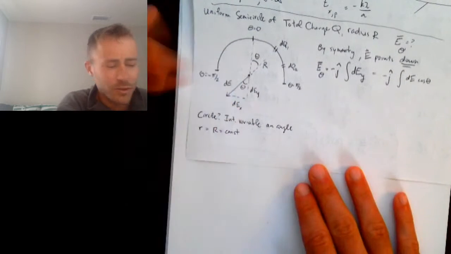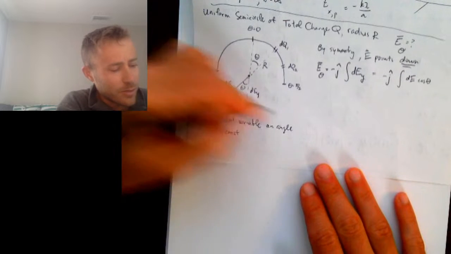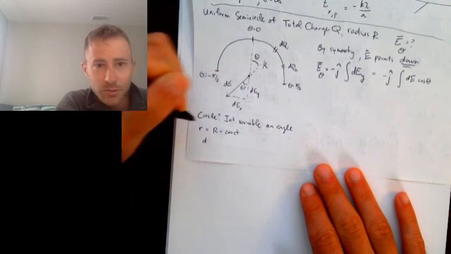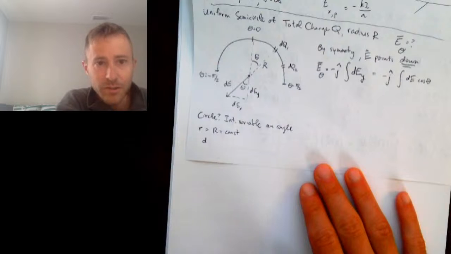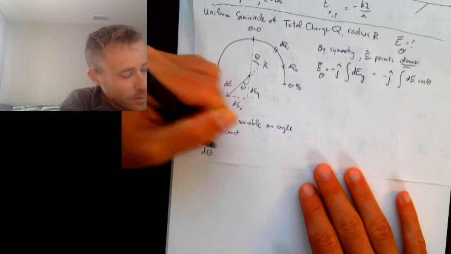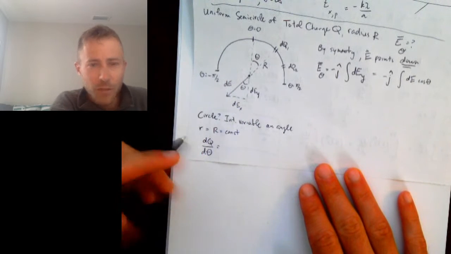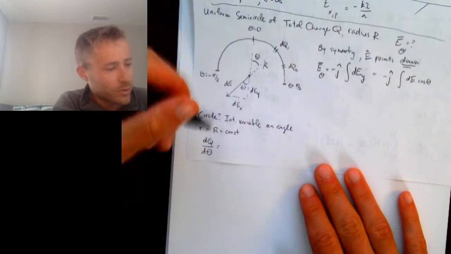Then I have to figure out what is dq. Because the integration variable is an angle, I'm not going to do dq dx. I'm going to do dq d theta. Okay? So this is charge per angle. So how much charge do I have? Well, I have a total charge q.